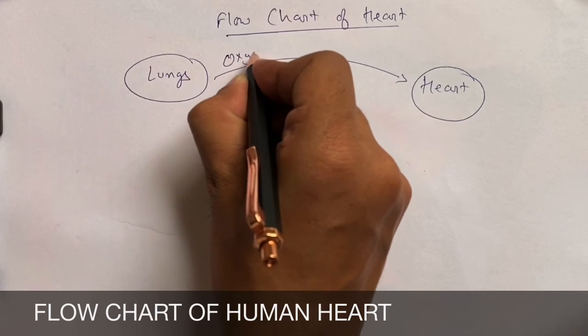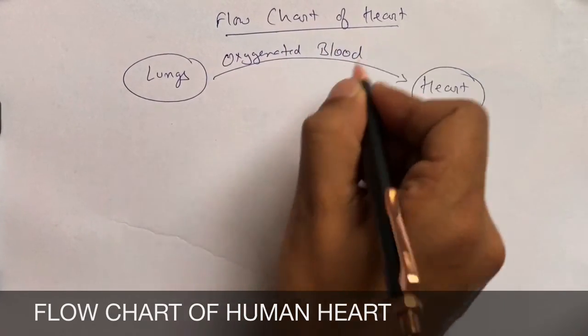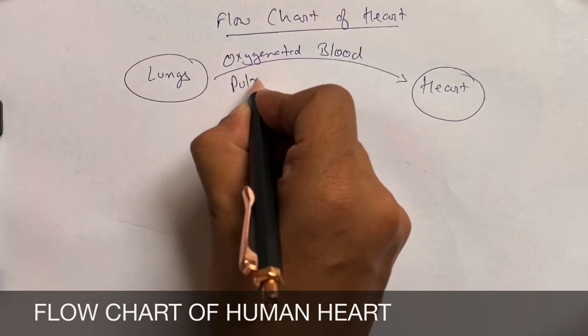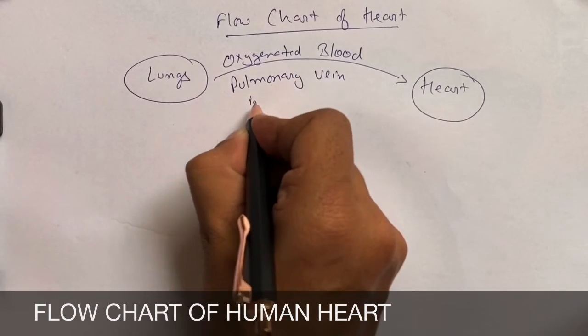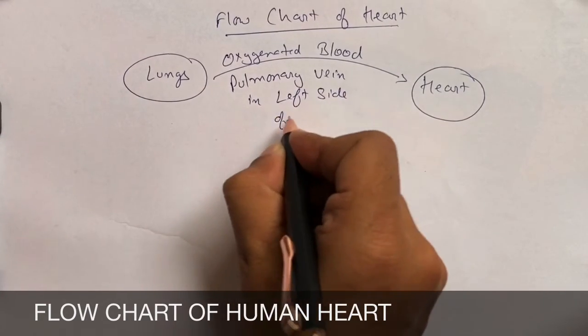Oxygenated blood is sent to heart via pulmonary veins in left side of heart.